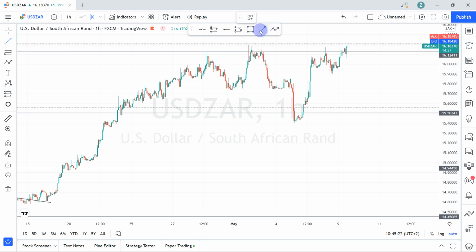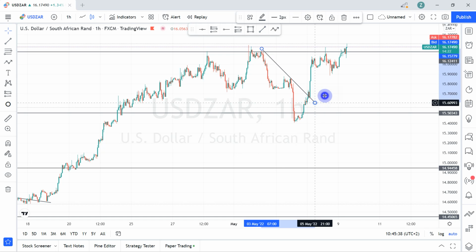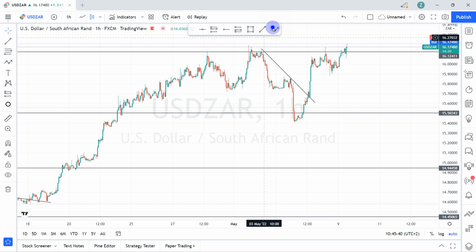So on the hourly time frame, there's also not really much to see here. Wow. But let me try. So here, as you can see, the market gave us an inverted head and shoulders.